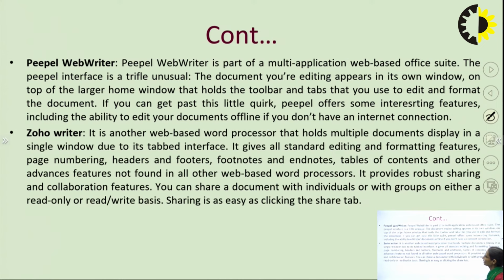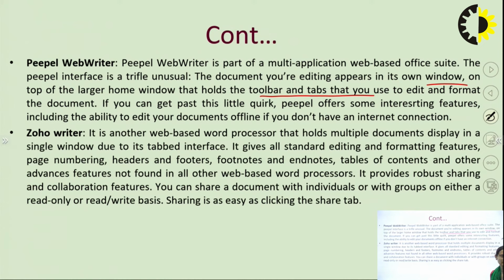Another example is People, that is People web writer. It is again a multi-application web-based office suite which is provided by People. The People interface is a trifle unusual. The document you are editing appears in its own window, on top of the larger home window that holds the toolbar and tabs that you use to edit and format your document.